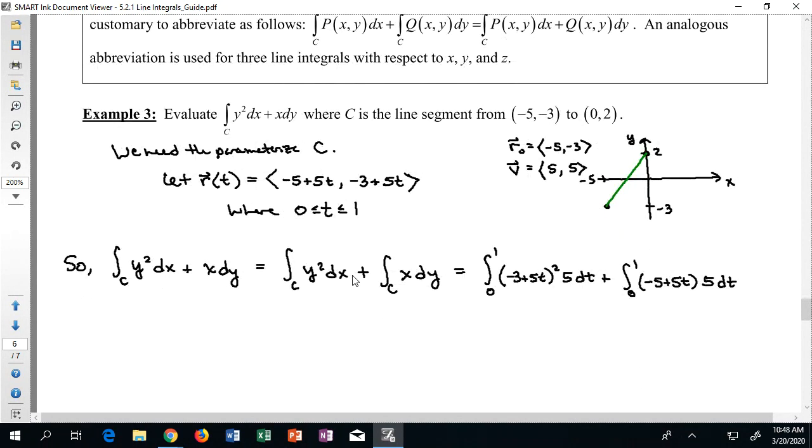Now I'll leave it to you to do the full evaluation, but I'm going to point out that these are both integrals with the same bounds. So isn't it totally possible that I could rewrite these as one single combined integral? I'll leave it to you to verify that if you wrote this as one single combined integral, you would end up with the following.